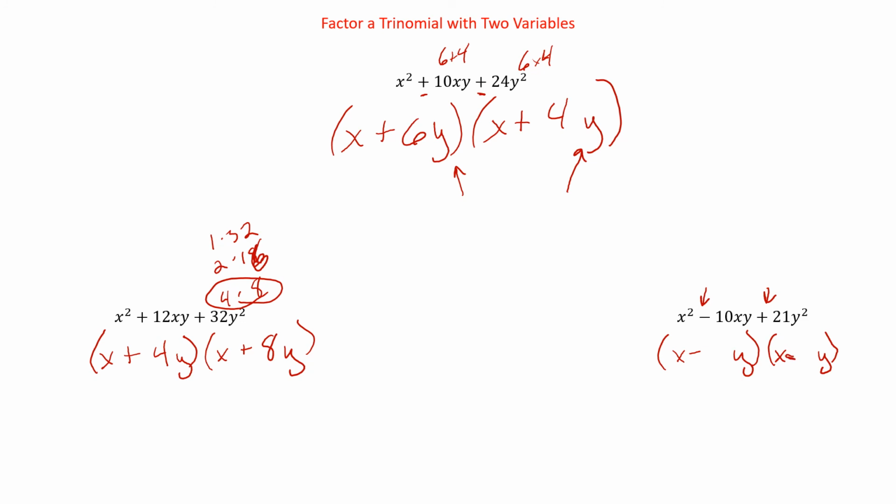All right, we need two things that multiply to give us 21 that add to give us 10. 21 is 7 times 3, and 7 plus 3 equals 10. So we'll have x minus 7y, x minus 3y. X times x was x squared. Then we have minus 3xy, minus 7xy, it's minus 10xy. And then negative 7y times negative 3y, negative 7 times negative 3 is plus 21y squared. There we go.